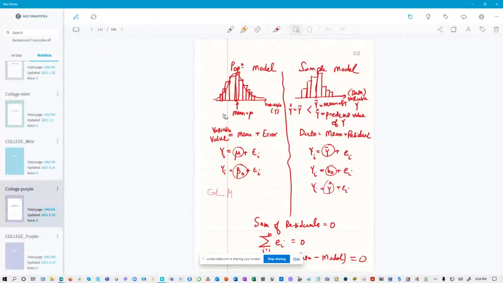So I have a population model and I have a sample too. The population is very abstract, very theoretical. The model is going to be built for everybody, all thumb lengths, whoever is in that particular population at that moment. We feel that they fit into a certain model.